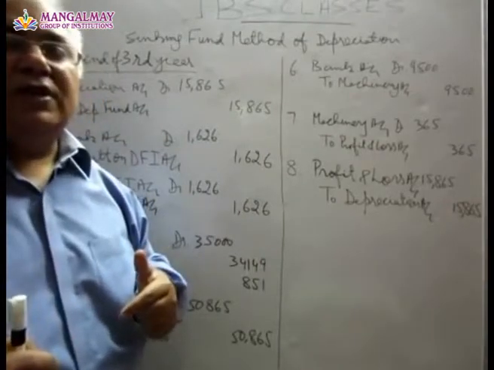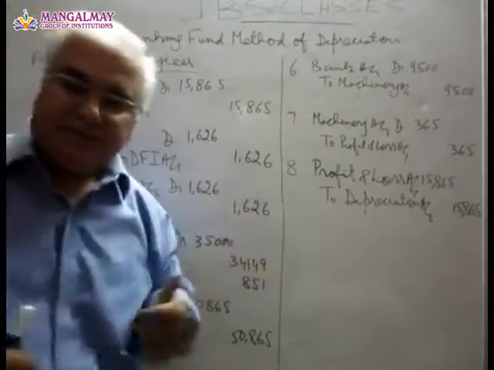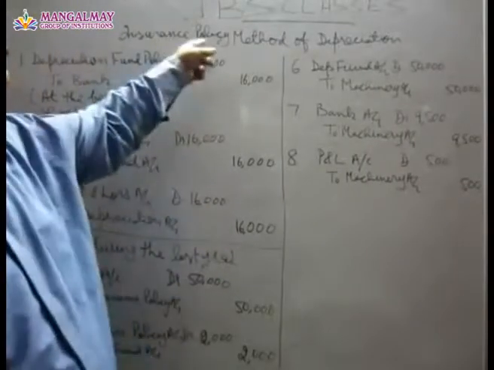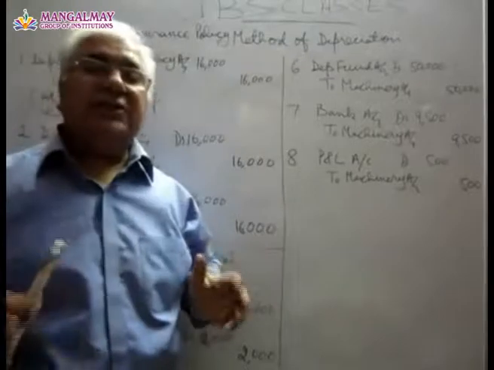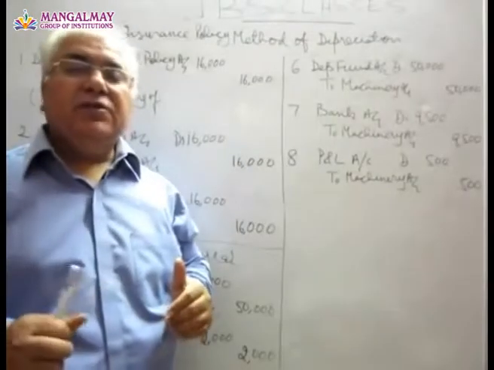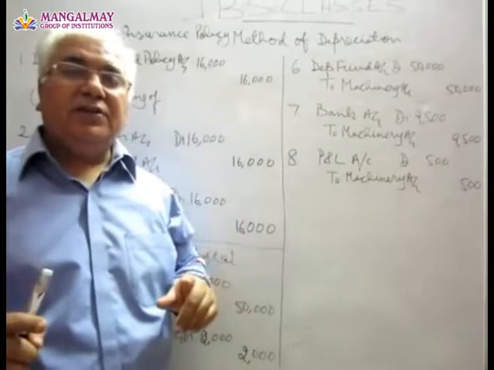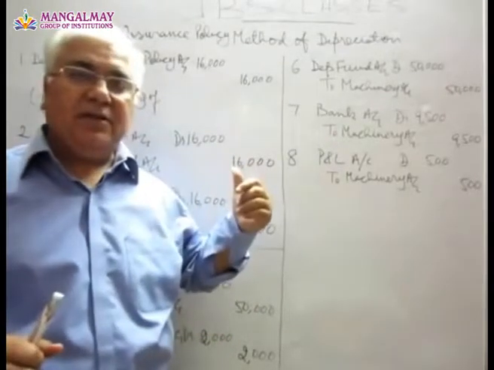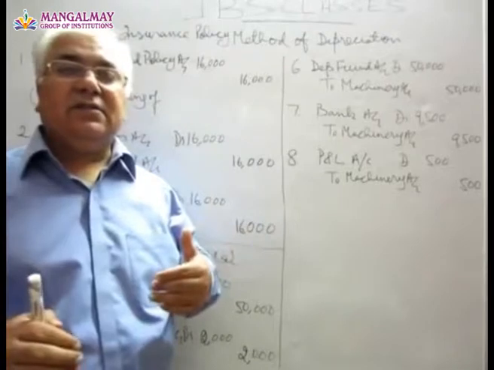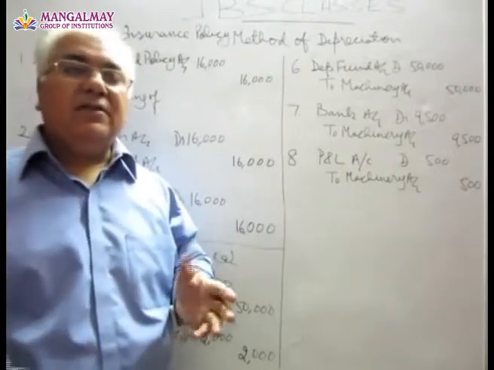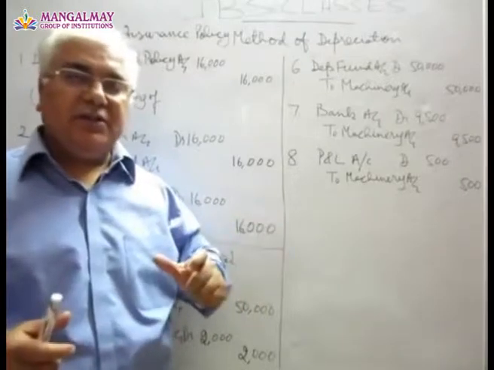Now we will move on to the insurance policy method. Now I will explain the insurance policy method of charging depreciation. This is also a kind of sinking fund method, but the only difference with the previous method is that in this we don't try to invest in the market the amount charged as depreciation.